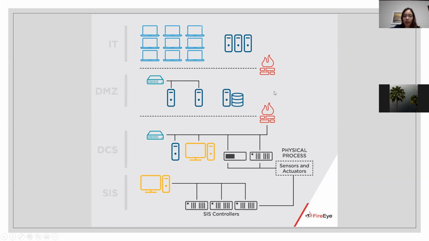I don't know how much John has maybe touched on that, but basically this is just a control. That way, when you're setting up a network, you're not having IT and OT directly connected.